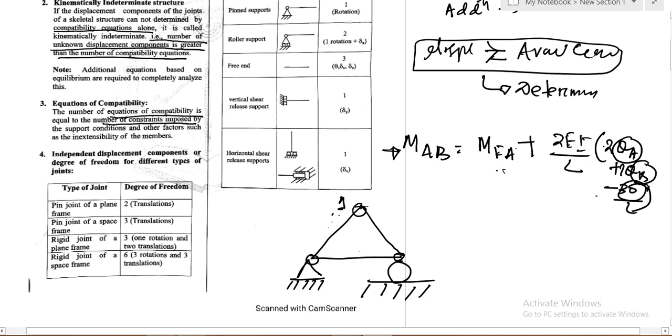If you talk about the first joint, it can move in the x direction and the y direction. So all joints can move in the y direction and x direction. There are two translations; angular displacement is not possible. There is only translation. So here also we can translate in x and y.